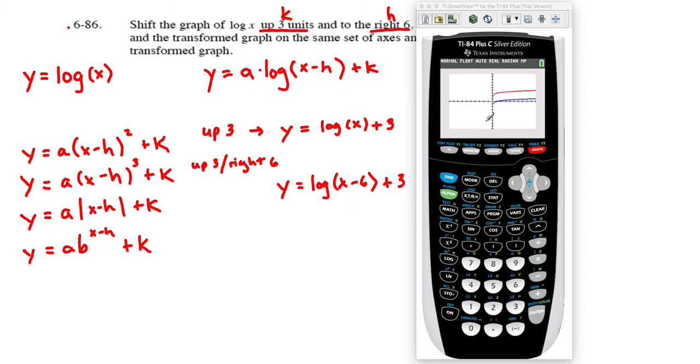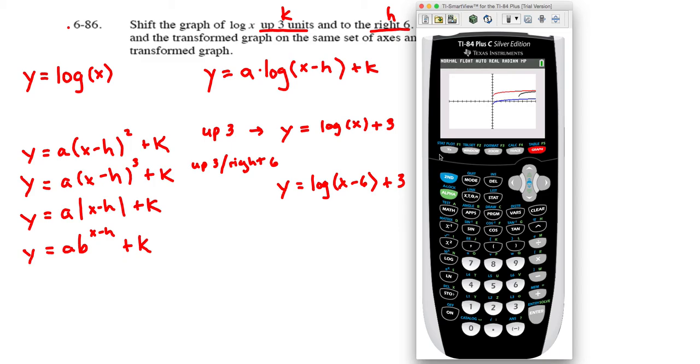So this should move us up 3 units, which we've already done, and then to the right 6. Let's just do a third one here. Log of x. Oops, we want to subtract our 6, close it, then add our 3, and then graph it. And sure enough, we've gone up 3 and we've gone right 6 units.